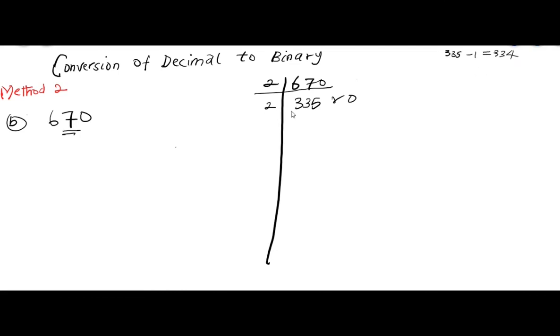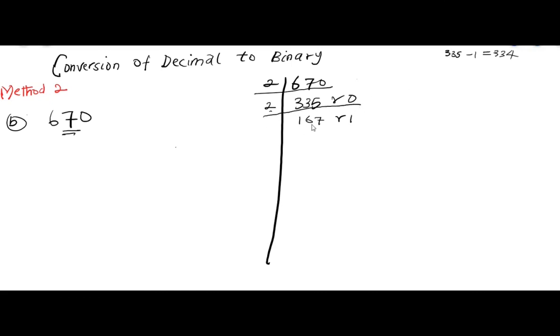So 334 divided by 2, you have 167, and because you subtracted 1, you have remainder 1. If you multiply this 167 by 2, you have 334, and if you add this 1, you have your 335 back. Okay, so that's how it is done.